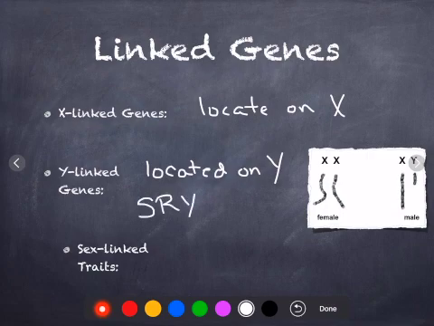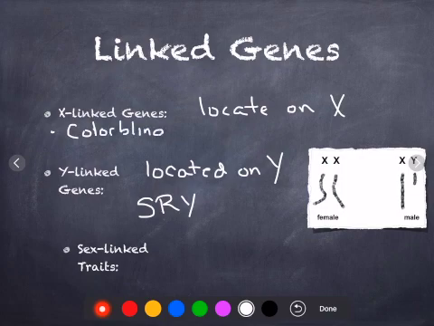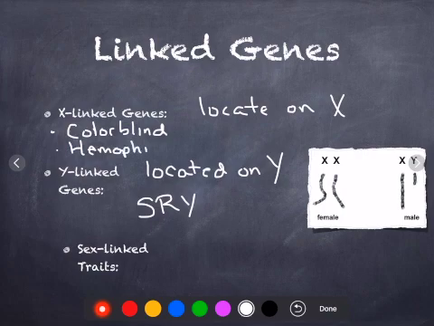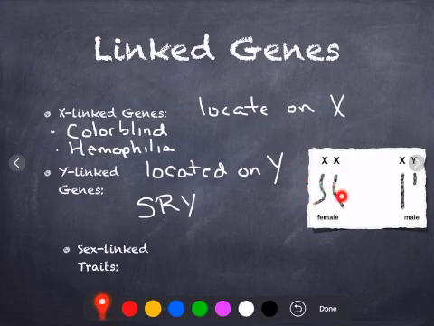Now, X chromosomes carry things like color blindness, and another example that you may see is hemophilia. These being carried on the X chromosome, the female will have 2 copies of those, because they have 2 X's. If they have one dominant and one recessive trait for that gene, they're obviously okay because it's a recessive trait.